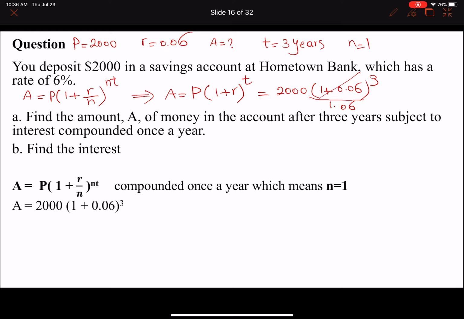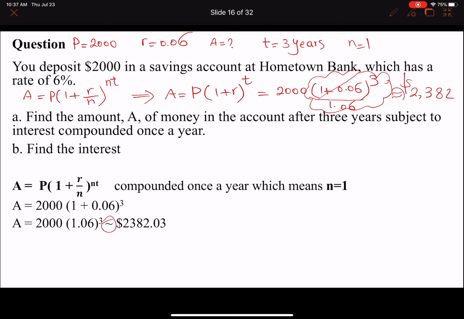So 1.06 to the power of 3, multiply that by 2,000. So you get something around $2,382. Guys, this sign that I used means approximately.